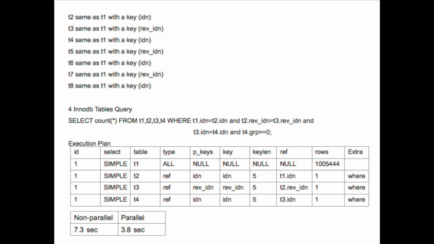So that's why I say T1 IDN equal T2 IDN. See? So the first time is a scan, the second time is reference access on the IDN. Then if you notice the way I did it, T3 would use a reverse IDN, and so forth. So this way, your query would execute in somewhat reasonable time.